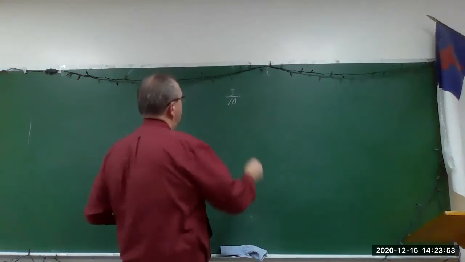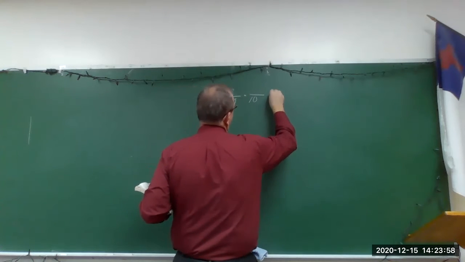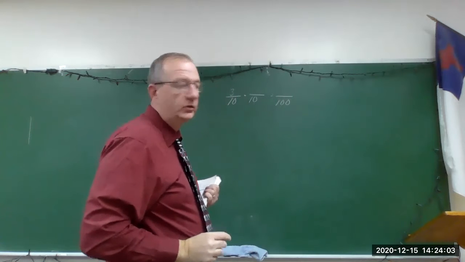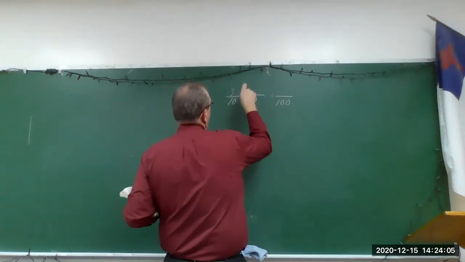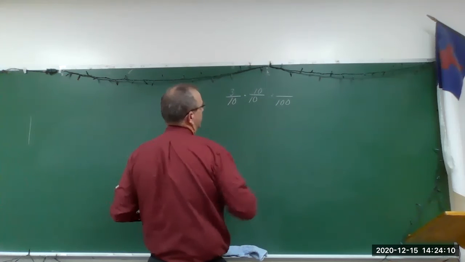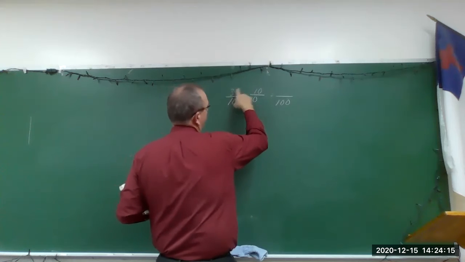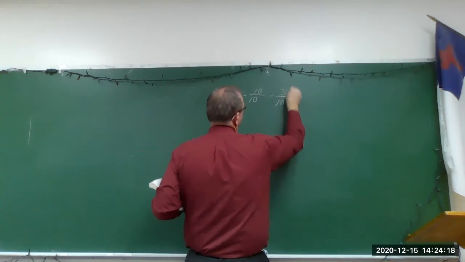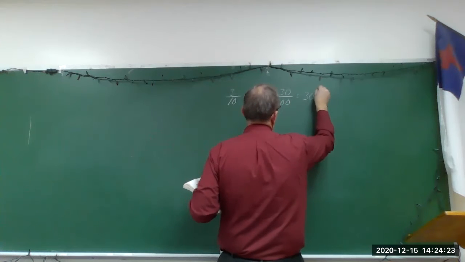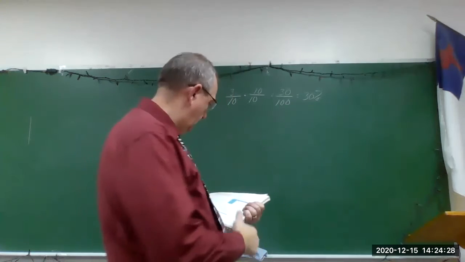Okay, 10, right? So if I multiply by 10, okay, I get 100 under here, correct? Okay, so if I multiply the bottom by 10, I can multiply the top by 10, okay? Because I can multiply anything by 1 and it doesn't change its value. So 3 times 10 is 30. So I have 30 out of 100, or 30%, okay? You can do it that way as well, all right?